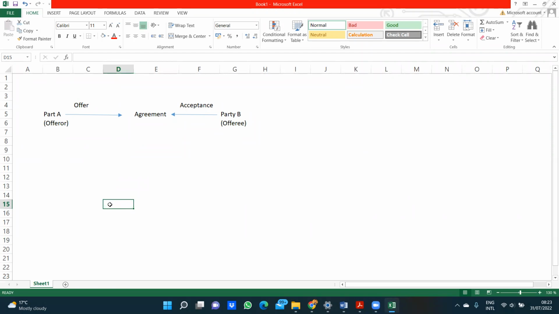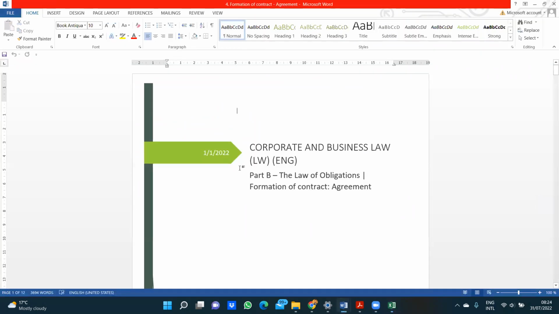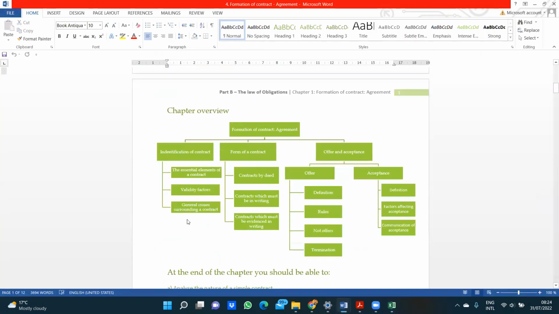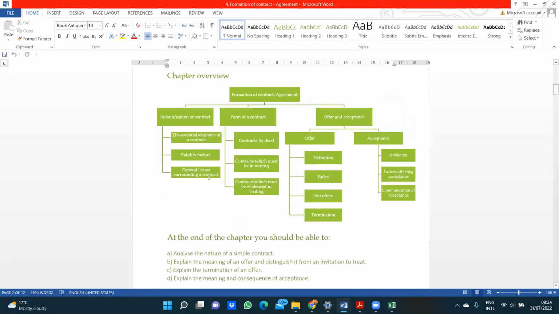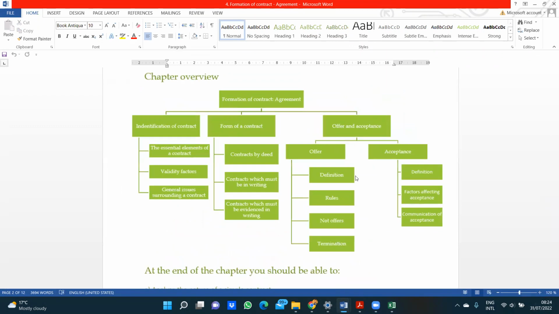So in this chapter, we will be studying the offer, the acceptance, what are not offers, and how acceptance is generally carried out. In the chapter overview, we have first of all the formation of a contract: the identification of a contract, the essential elements, validity factors, and general issues surrounding a contract.